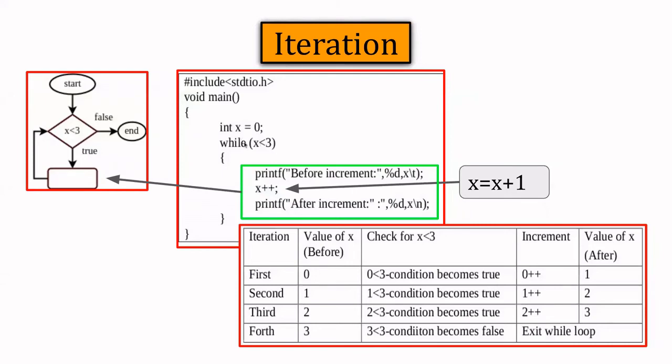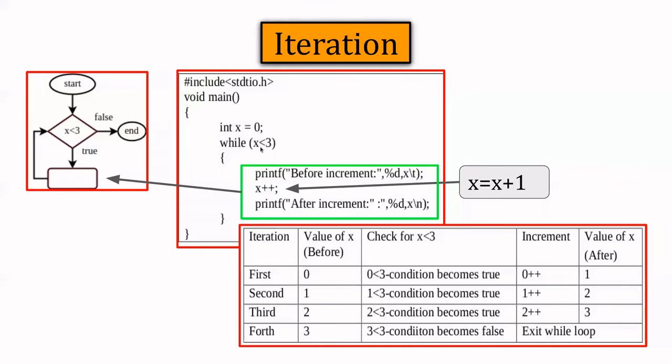Iterate means it circulates until this condition is met. Start until this x less than 3. Process this. If x is equal to 3, it becomes false and it will go to the end.